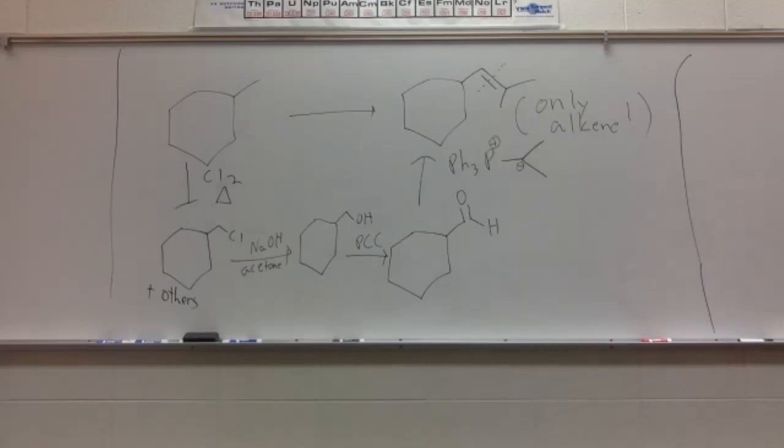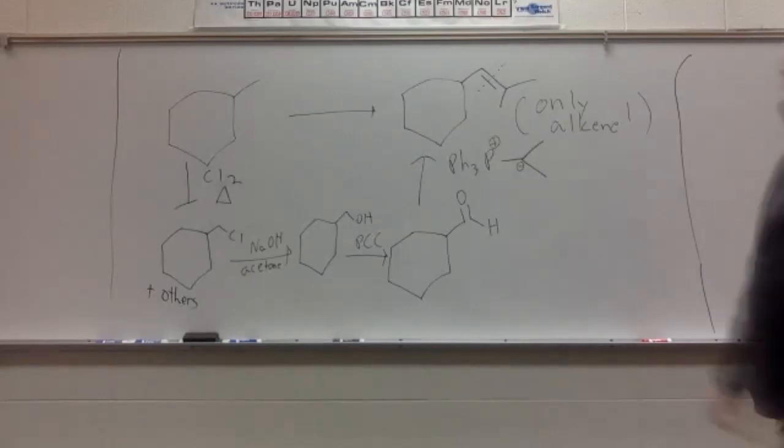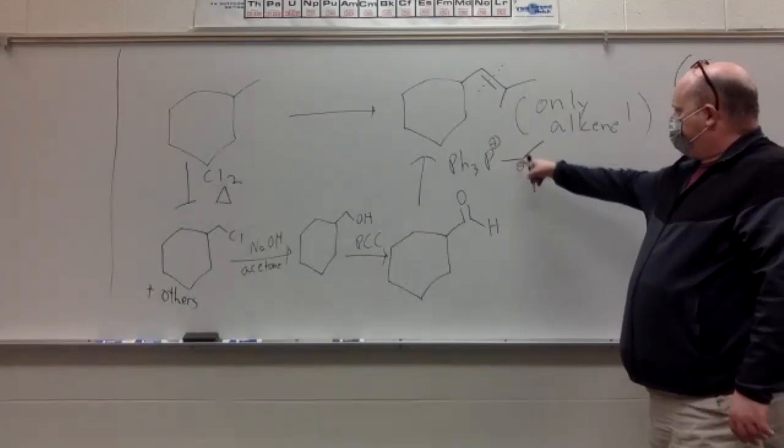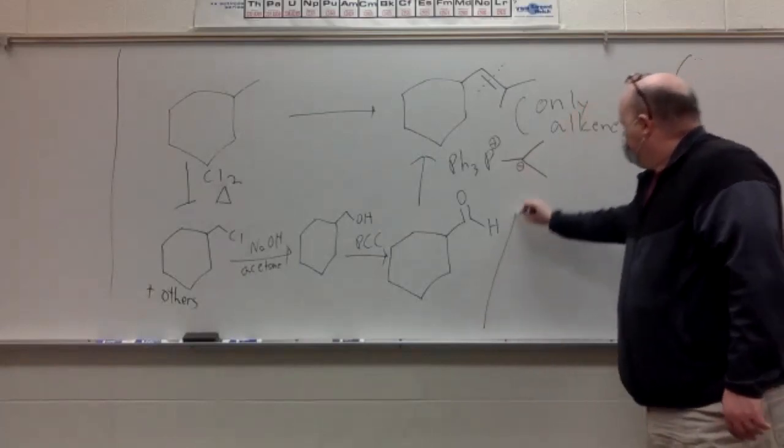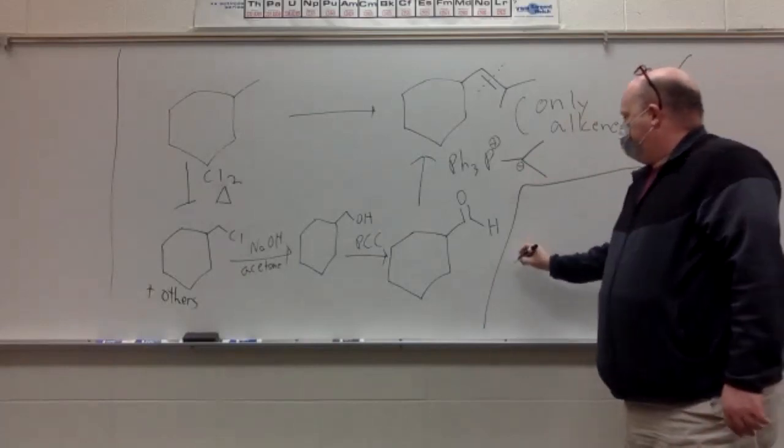So then we would also need to describe how we made our Wittig reagent, because remember, we have to make that fresh every time. So what do you need to make a Wittig reagent? Alkyl halide. Need an alkyl halide, right? I'll make it in this little box over here.